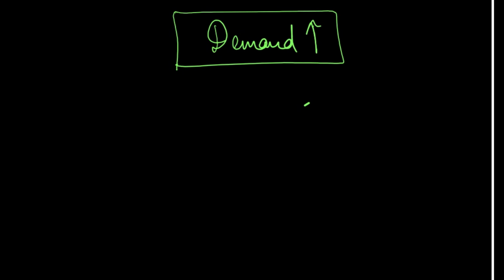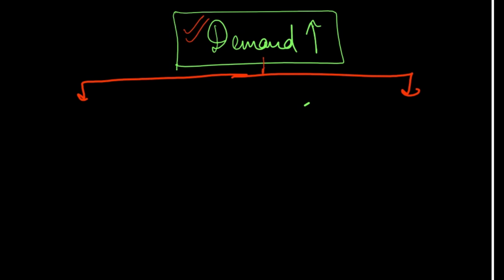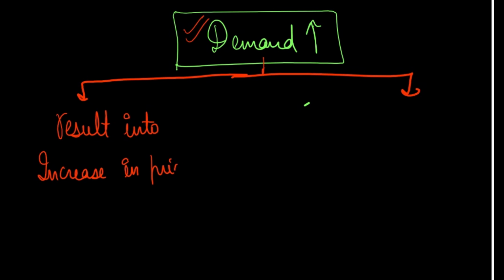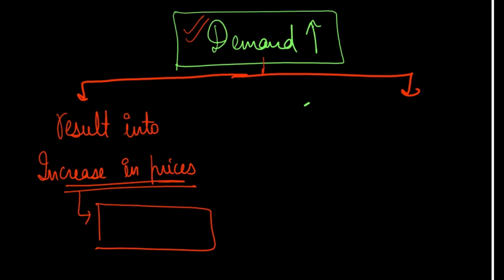So what will happen in the economy? Demand increased resulted in an increase in prices. That means inflation occurs with demand.